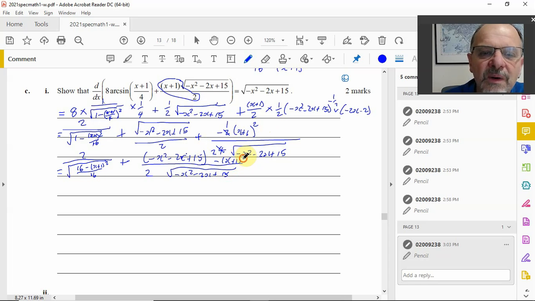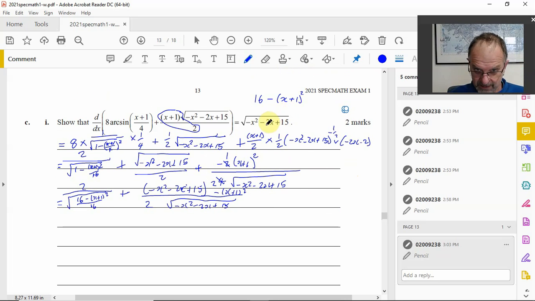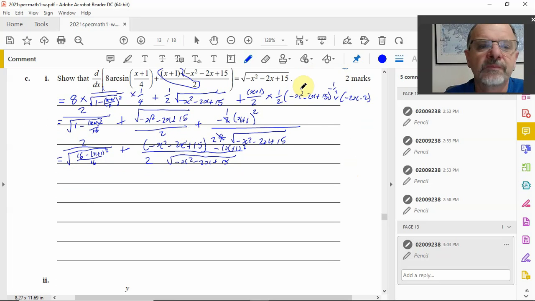And here, I've just got to take away (x plus 1) squared. This is where I'm going to now use what I set up here, that relationship.